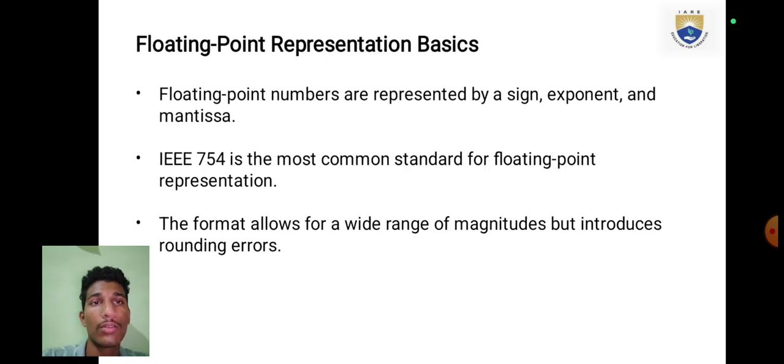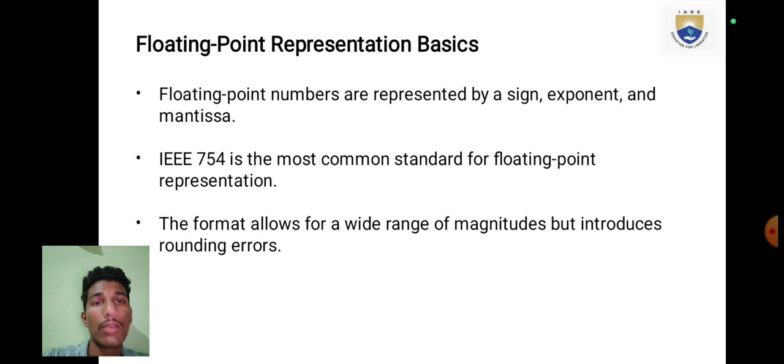Floating point representation basics. Floating point numbers are represented by an exponent, mantissa, and sign.